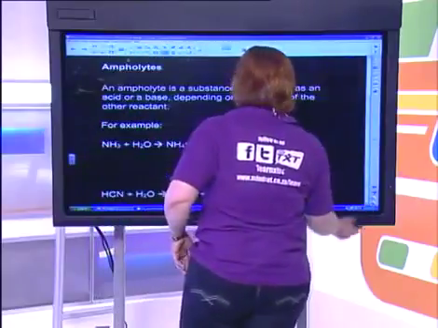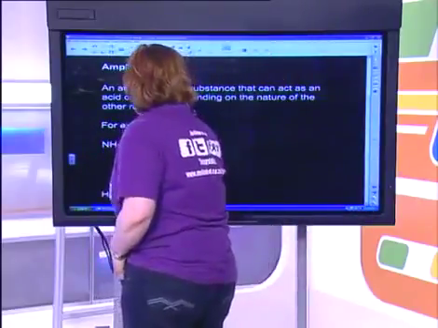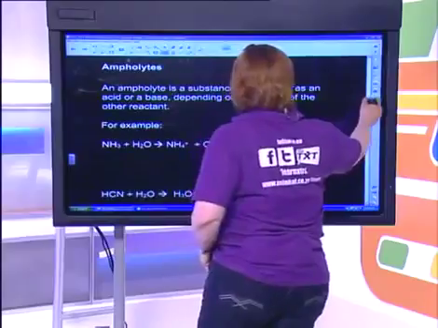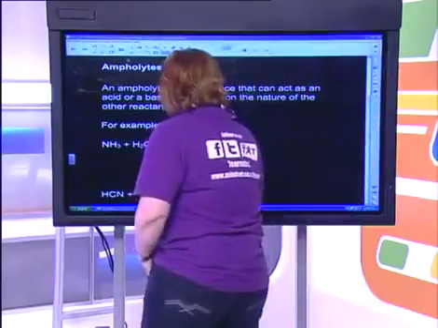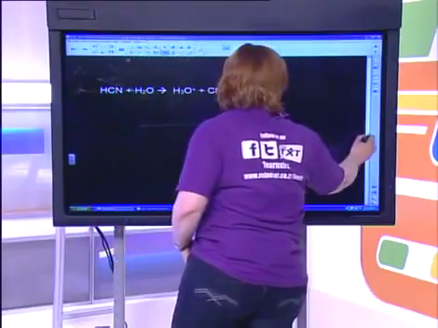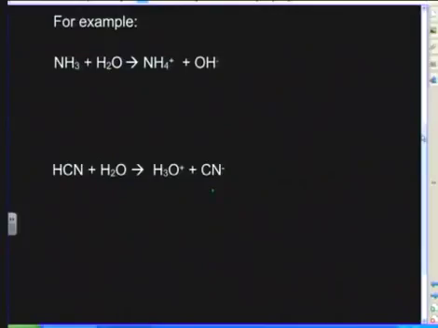Okay? So, for example, I've got water here in two examples, and I will show you. If I react water with ammonia, the water comes along. Ammonia is a base. Ammonia cannot be an acid. NH3 will always act as a base. So the water will come along, and the water will donate its hydrogen to ammonia.